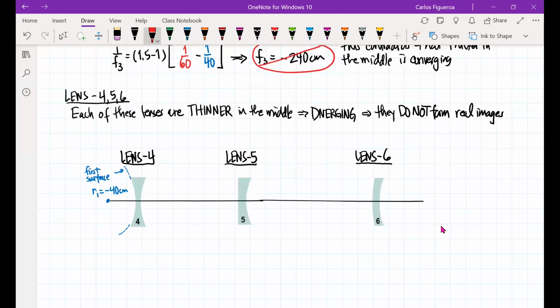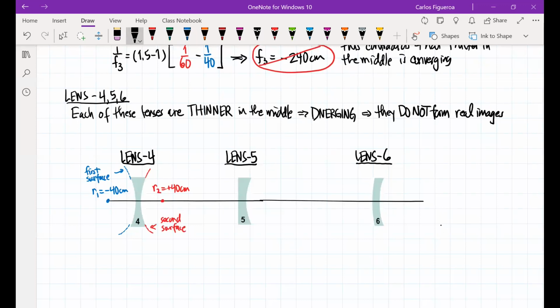And if you look at the second surface, this tells me that R2 is positive 40 centimeters.